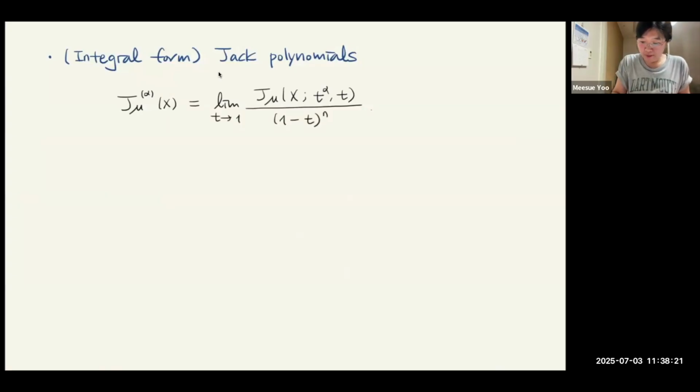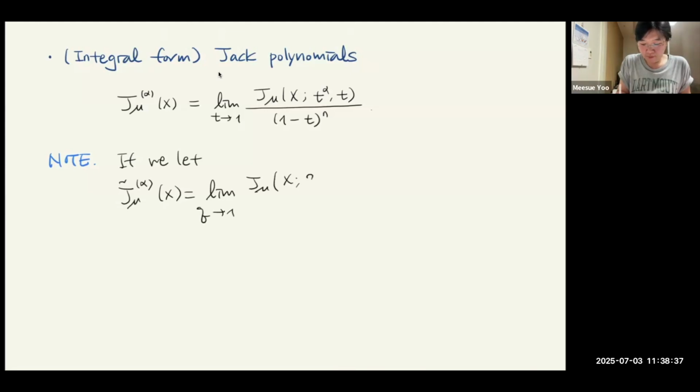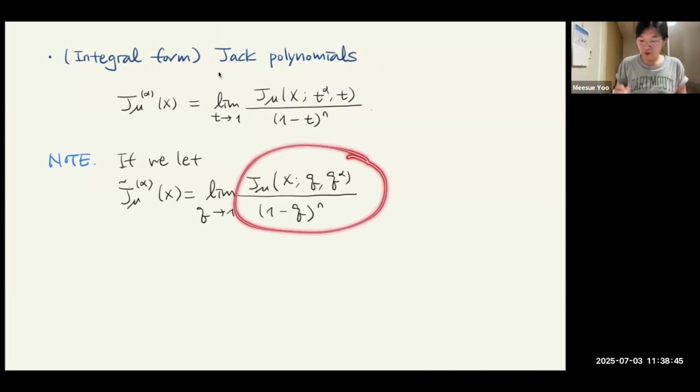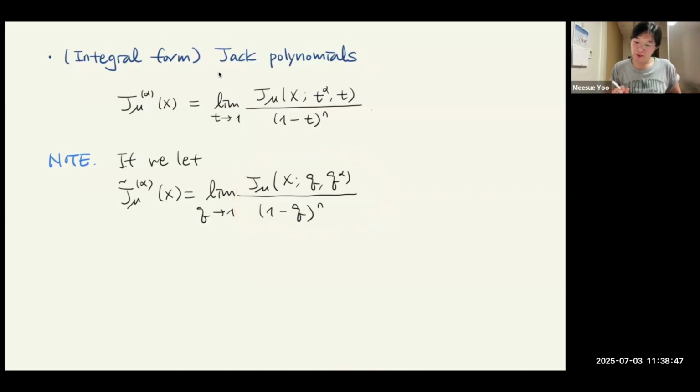Let me note that if we let, say, mu tilde be this, so this is the form that occurred in the Haglund conjecture. So this form was the thing that was conjectured to be Schur positive.